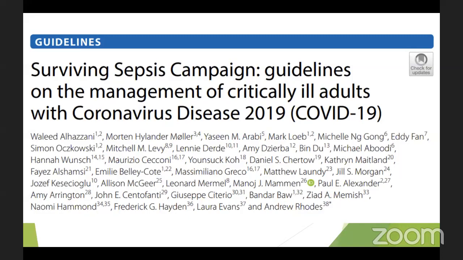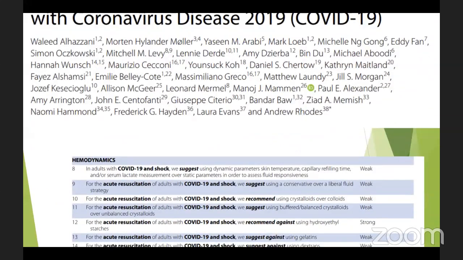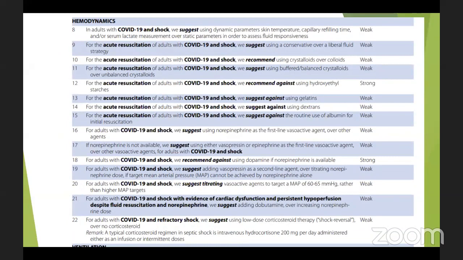Here, there is the Surviving Sepsis Campaign recommendation. They discuss the types of fluid and the vasopressor. For acute resuscitation, they prefer conservative rather than liberal, because conservative gives a better outcome.